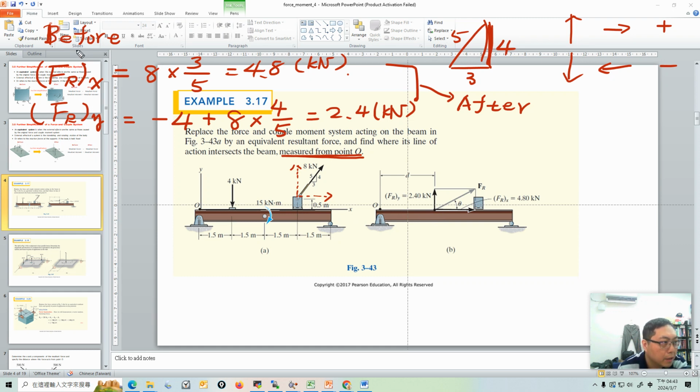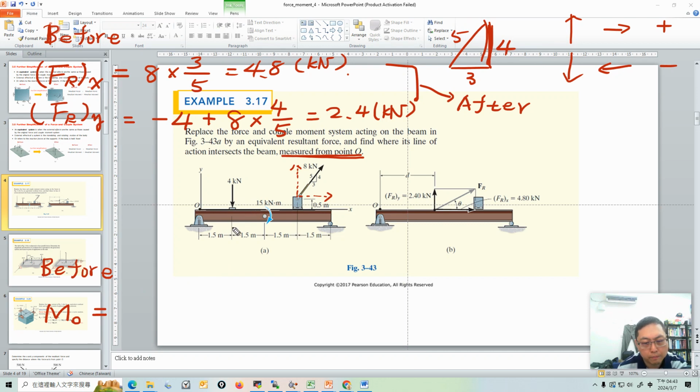Let's do the same thing before simplification. What's the moment before? The moment is with respect to the point O. Let's start. It looks like it's a 2D system, so we just use the scalar formula of the moment.